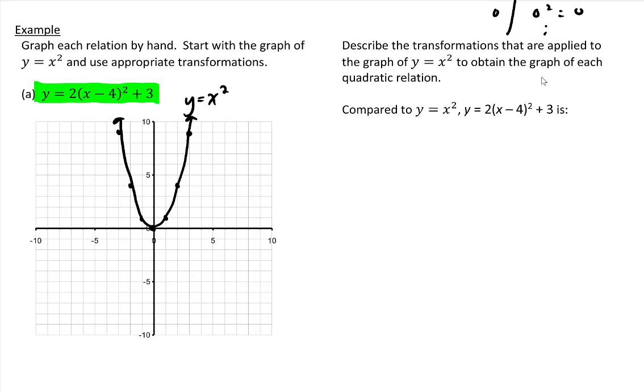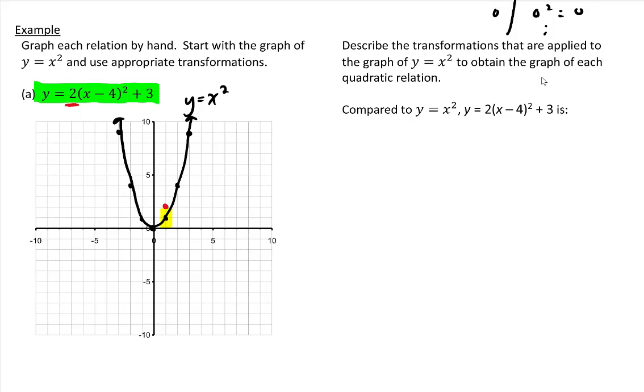The next one we need to do is deal with the a. Since the a value is 2, that means we're going to stretch y equals x squared. So we're going to multiply all the y values of this graph by 2. So starting with this point here, let's say, that's y equals 1. I'm going to keep the x value the same and multiply the y value by 2, so that gives me 2.